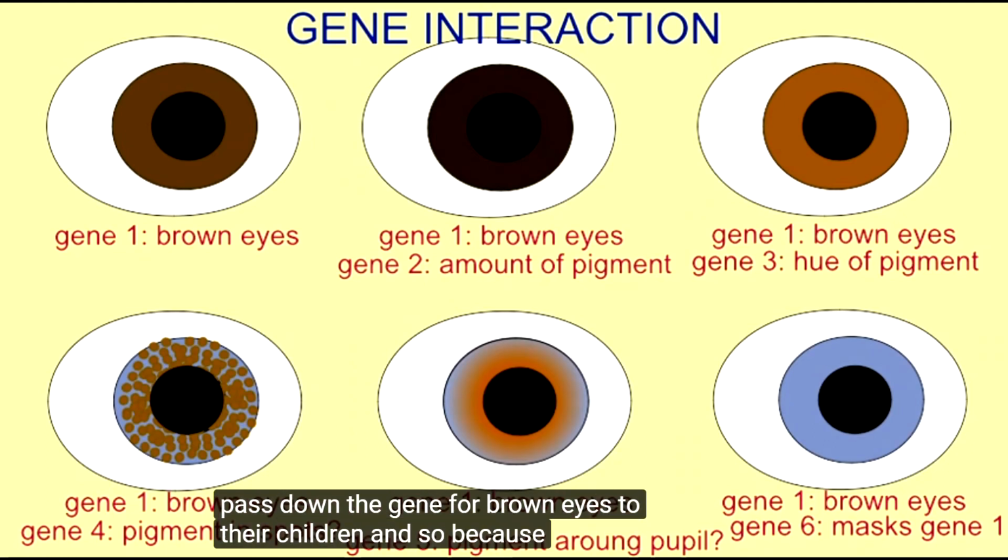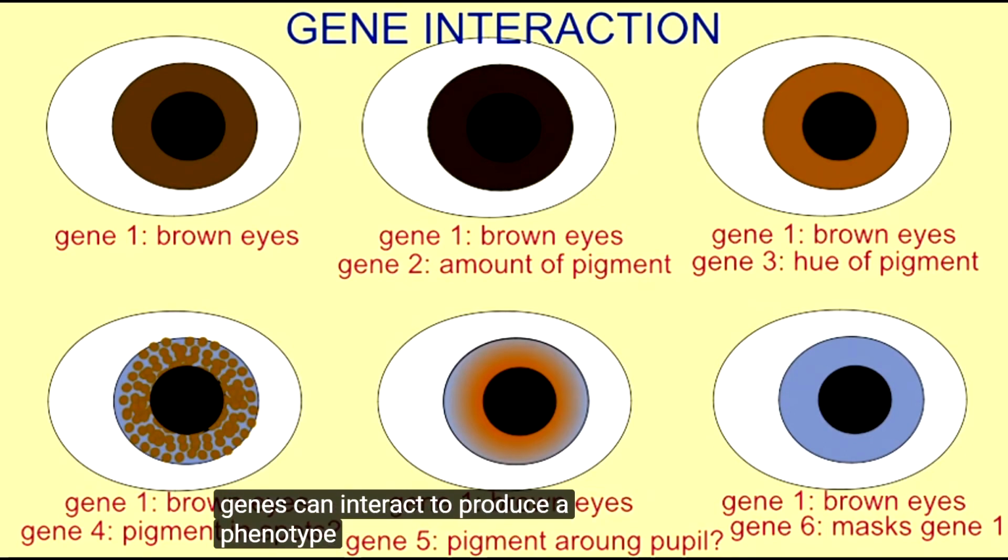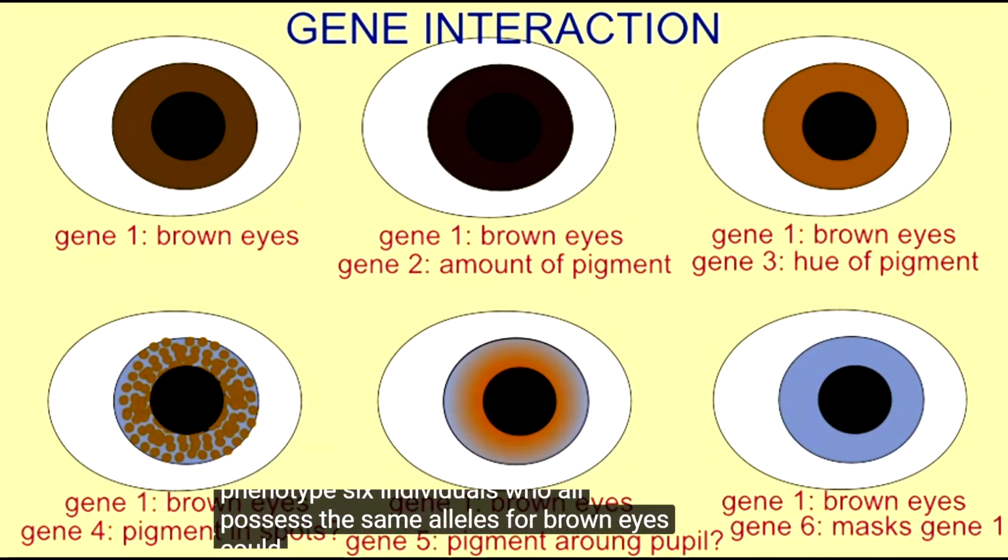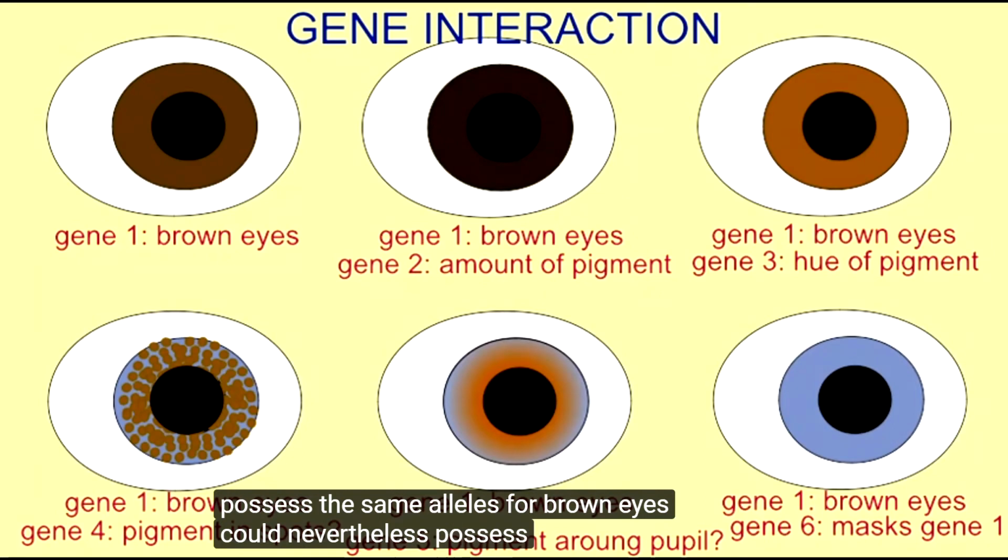And so, because multiple genes can interact to produce a phenotype, individuals who all possess the same alleles for brown eyes could nevertheless possess different colors in their iris.